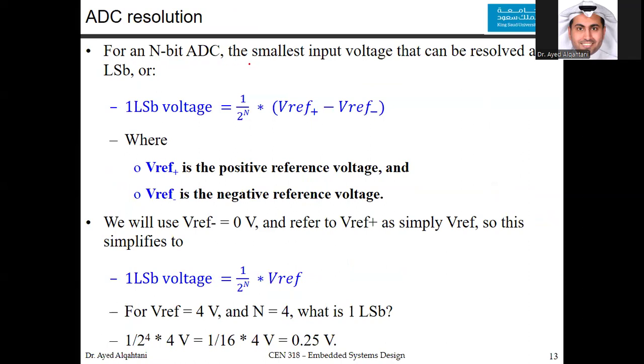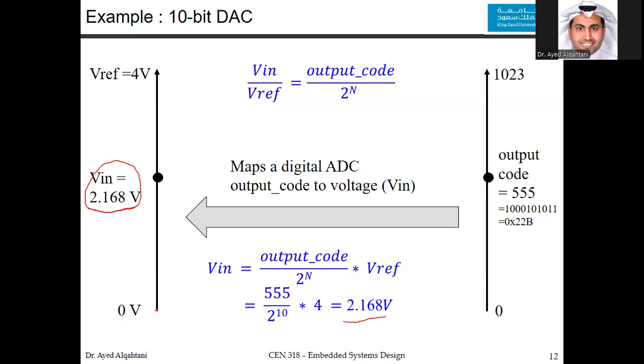We want to find out the smallest input voltage that can be resolved as one least significant bit. So it's like finding one step only, one step in the analog axis. We try to find out, if we have only one step in the digital, what is the corresponding analog voltage for that as well.